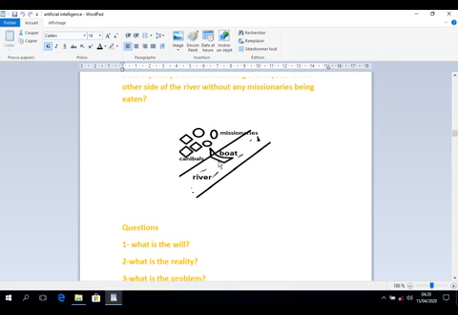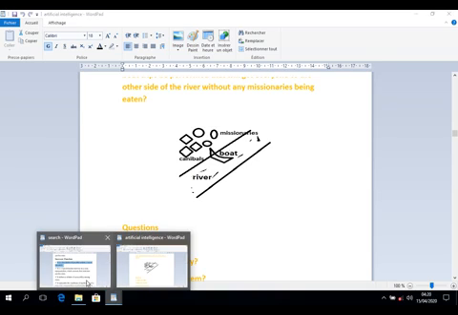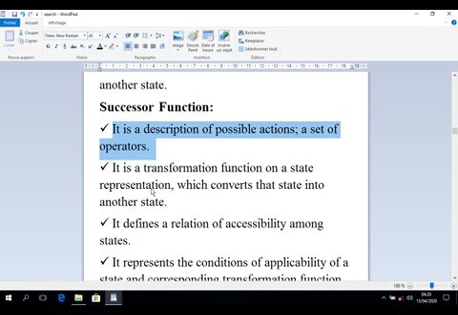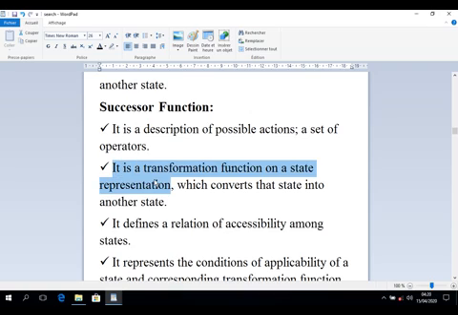Is it okay? Can be 2 missionaries, can be 2 cannibals, or can be 1 missionary and 1 cannibal. We can even carry 1 passenger. It can be 1 missionary or 1 cannibal or 0, but the maximum number of passengers should be 2, to cross from one side to another, either from left to right or from right to left. So these are the actions.